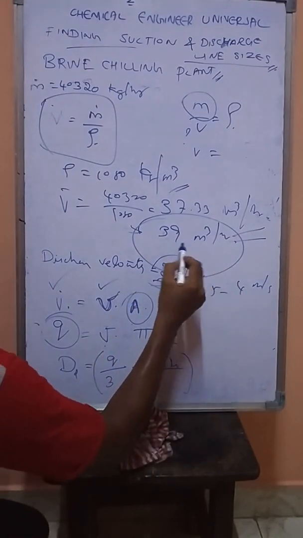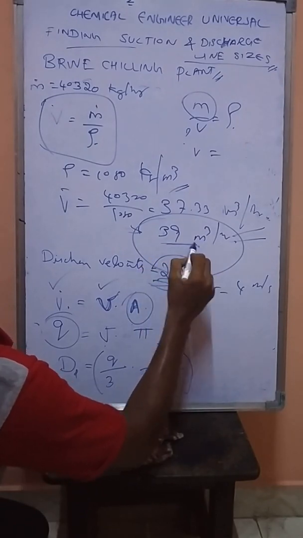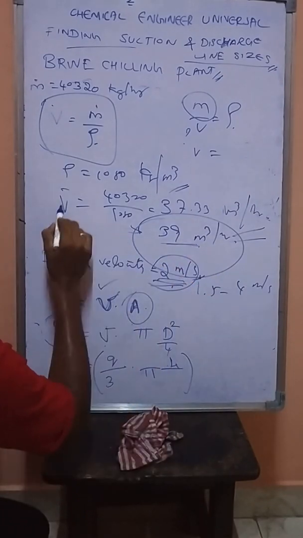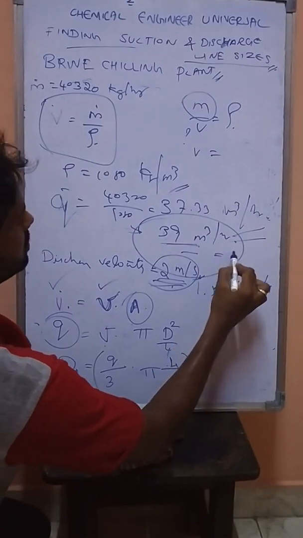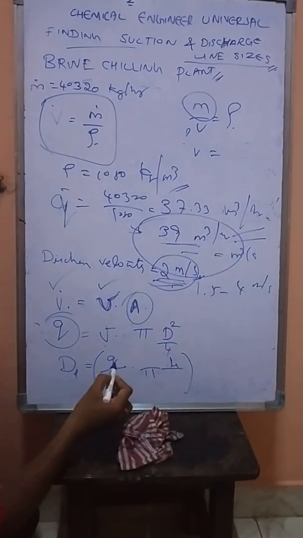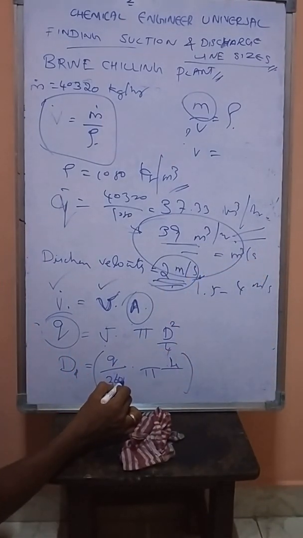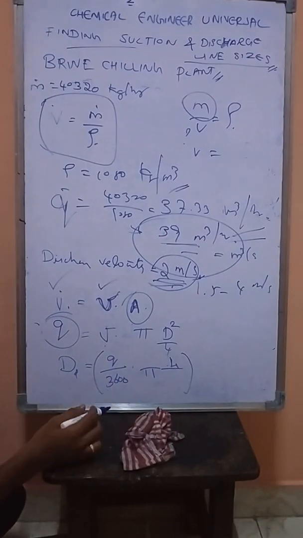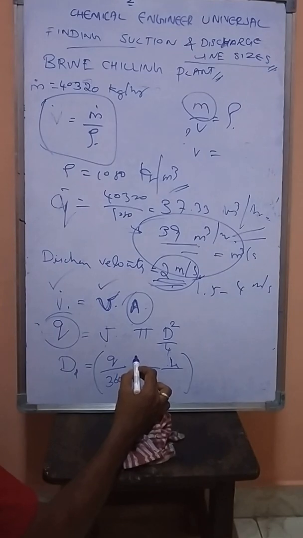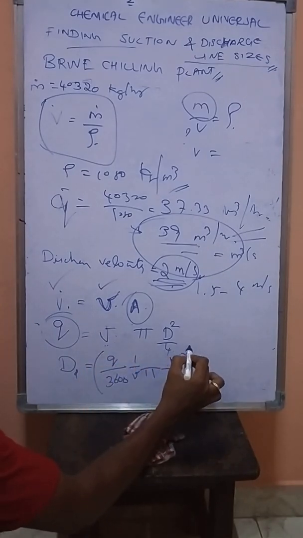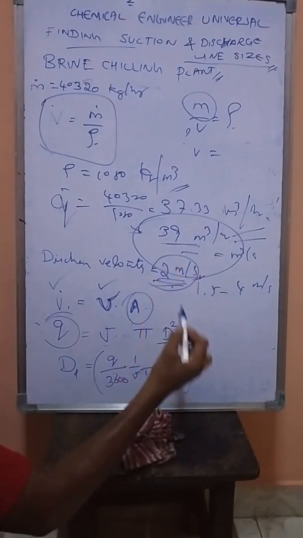We have this Q in meter cube per hour, but we need it in meter cube per second. So we just divide this by 3600. And then the velocity. By rearranging this, it will be like this.